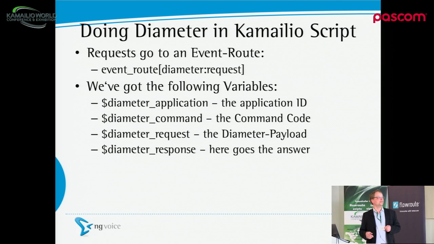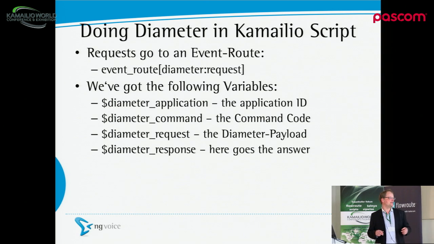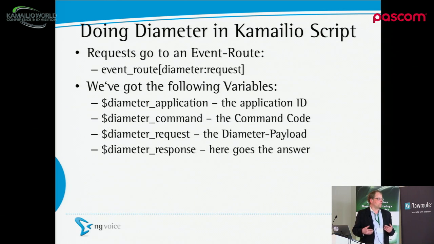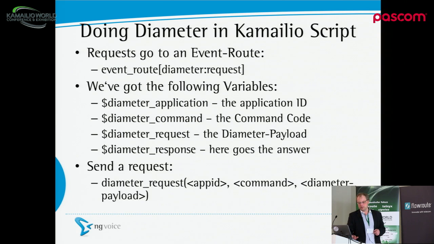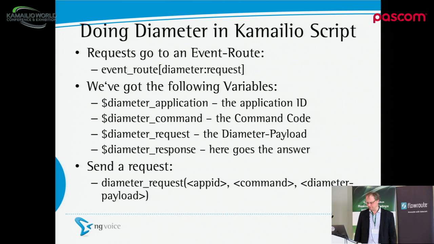The response you want to return to the requester goes in another variable, which is the diameter response. I think from my perspective, this is really straightforward. If you want to send a request, we just added another function, which is diameter request with application ID, command, and the payload.